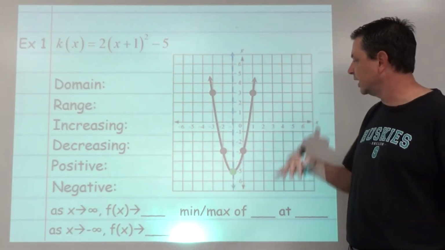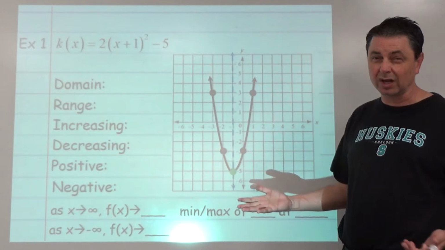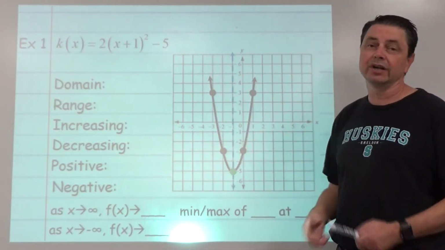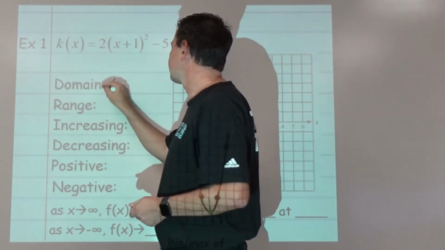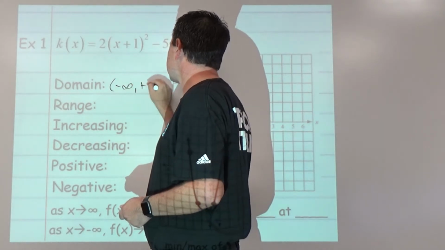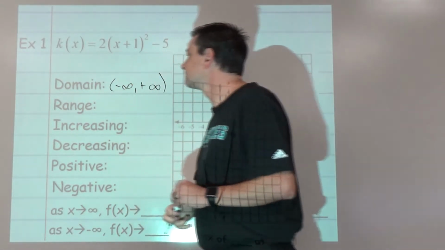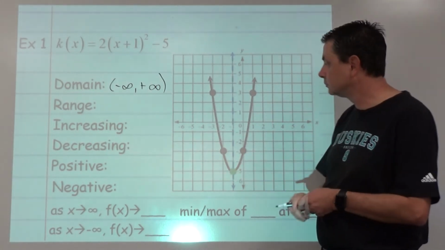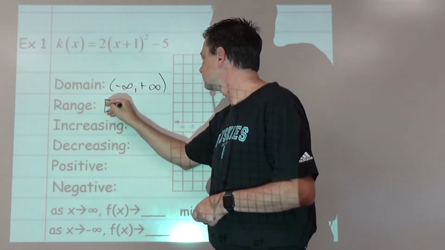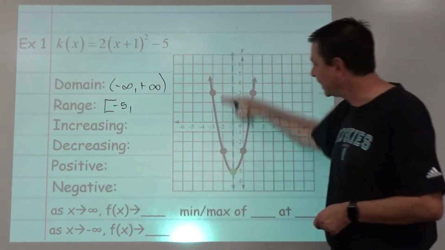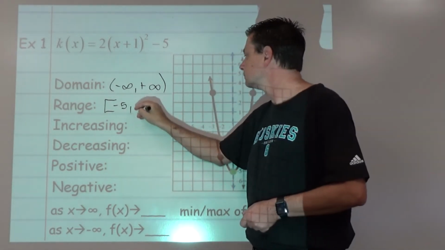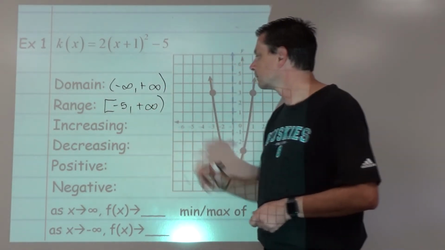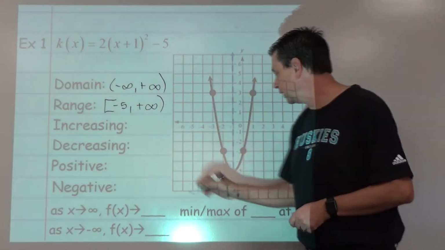So domain, range, all of that stuff. It's quadratic. We already know the domain. The range, how low, comma, how high. Where is it going?